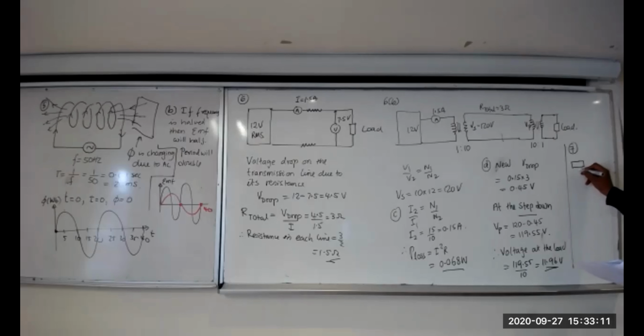Isolate that 1 kilogram for this one. These are very easy questions here. 4.9. Mass times acceleration. Part B, you can do it a couple of ways, but it's easier to isolate the two together.